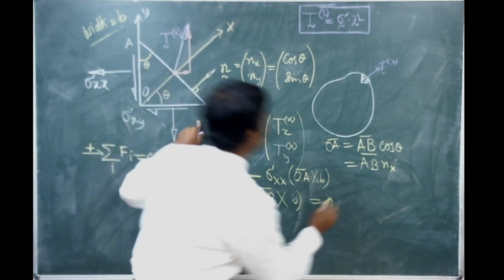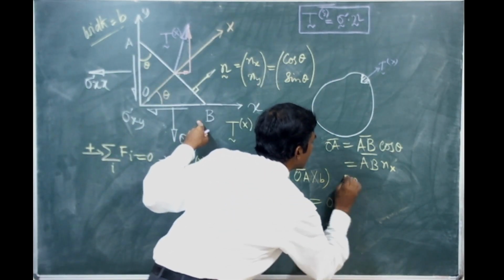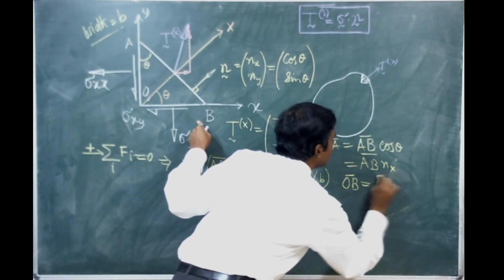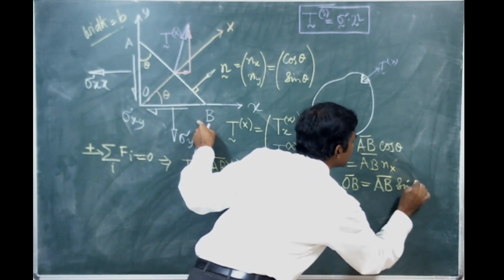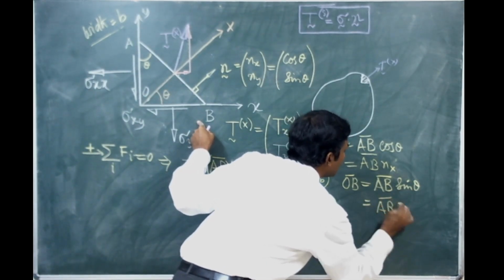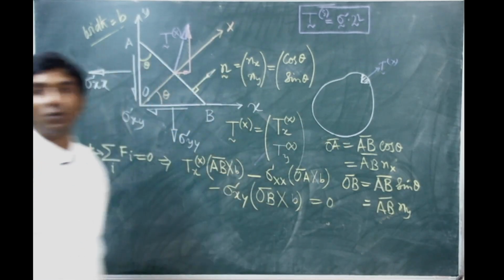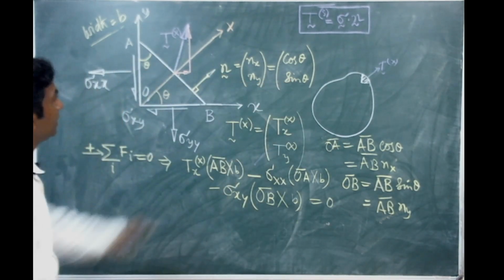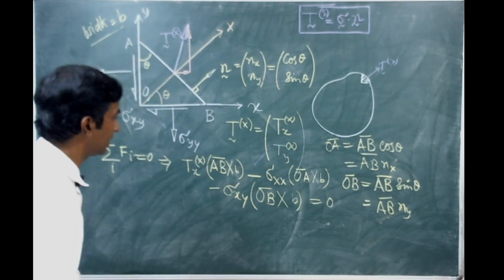Similarly, OB can be expressed as AB times sin theta, that means AB times ny. We have written the values in terms of nx and ny.